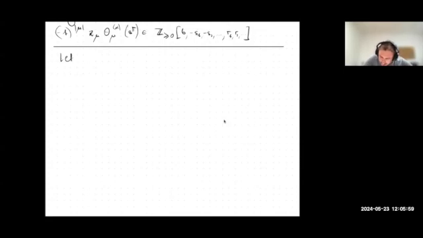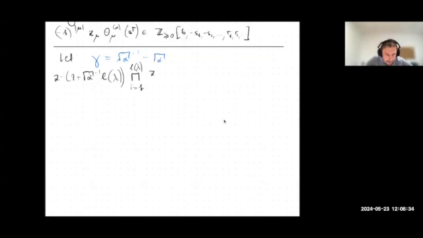Let me introduce some notation. I introduce a new parameter gamma. So gamma is square root of alpha minus 1 minus square root of alpha. And I also need to define some formal power series, which is related to my Young diagram lambda as follows.